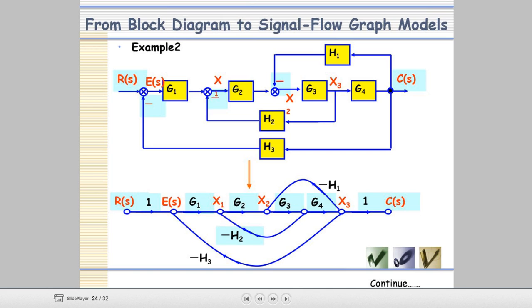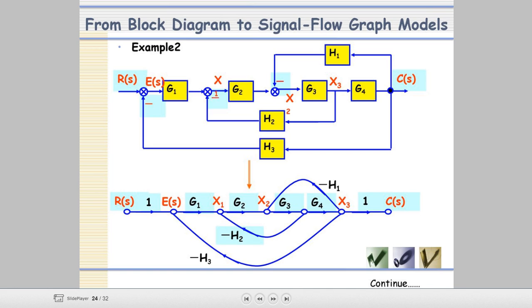X2 to this takeoff point X3, here it is G3, and from this to this, so X3 here will be x3 and here will be x4.